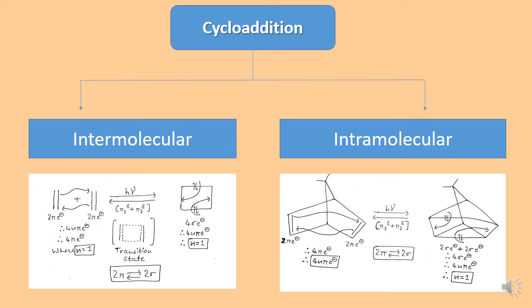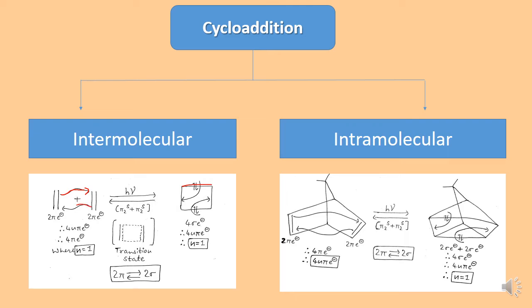In cycloaddition reactions, both intermolecular and intramolecular reactions take place. I am taking an example of an intermolecular reaction. In intermolecular reactions, unsaturated moieties are converted into sigma bonds. So this pi bond is shifted over here, so you get a sigma bond.